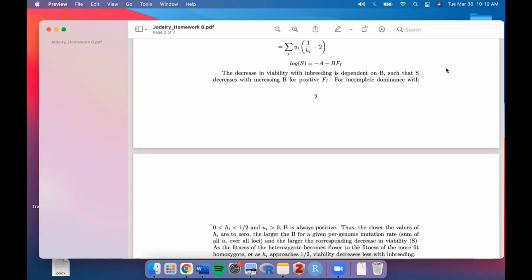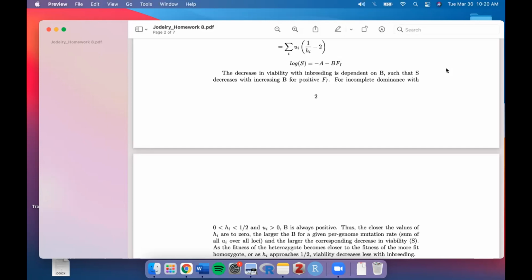That's it. So the inbreeding depression, as we've seen a few different ways, the existence of inbreeding depression implies H is less than a half. As H gets closer to a half, the effect of inbreeding depression goes away, and it matters less and less. The closer H gets to 0, the stronger inbreeding depression is. So the more recessive a locus is, the more it contributes to inbreeding depression. The less recessive it is, the more additive it is, the less it contributes.